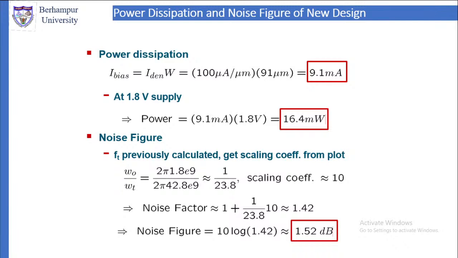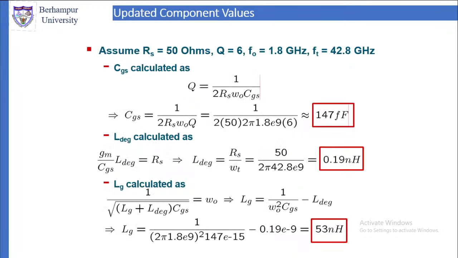So that is approximately 1 by 23.8. The scaling coefficient is approximately 10, and that you can see from the previous figure. Noise factor will be 1 plus 1 by 2.8 into the scaling coefficient, which is 10. So that will be approximately 1.42. And so that will be the noise factor. Noise figure will be 10 log of the noise factor, that will be 1.52 dB.